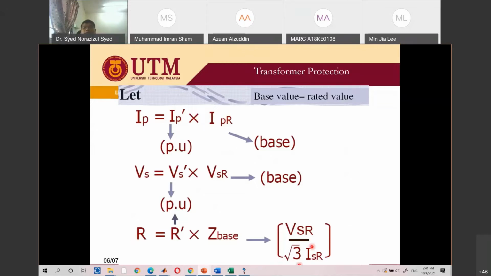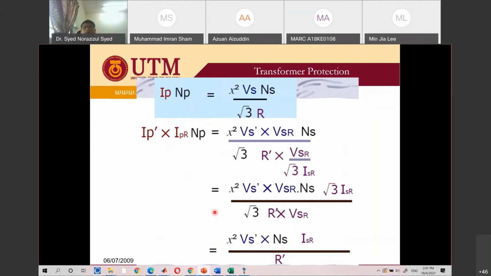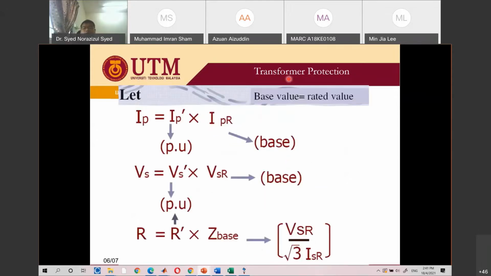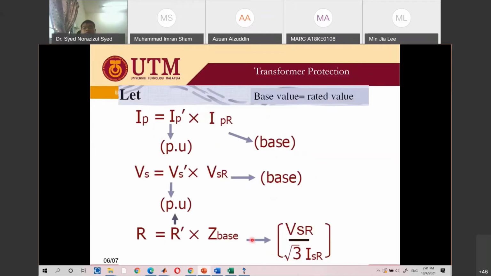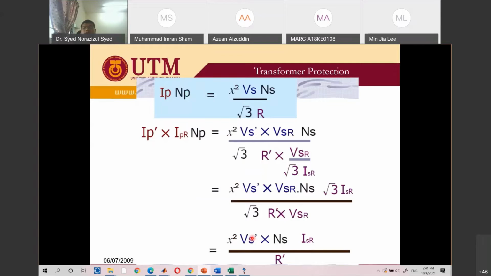VSR over Z3 ISR, secondary R. And then back to the original formula here, R is equal to VSR over Z3 ISR, so you can change R to VSR over Z3 ISR, with the R prime here.